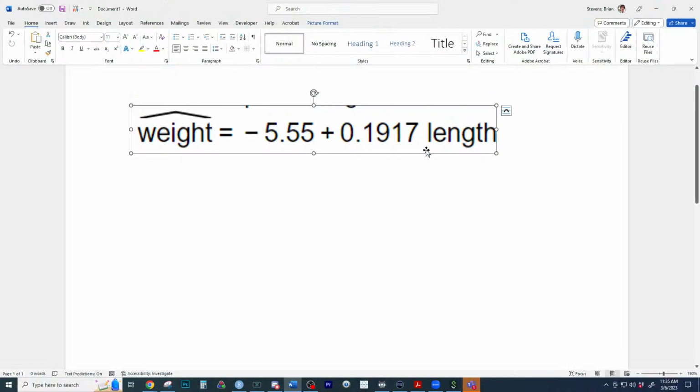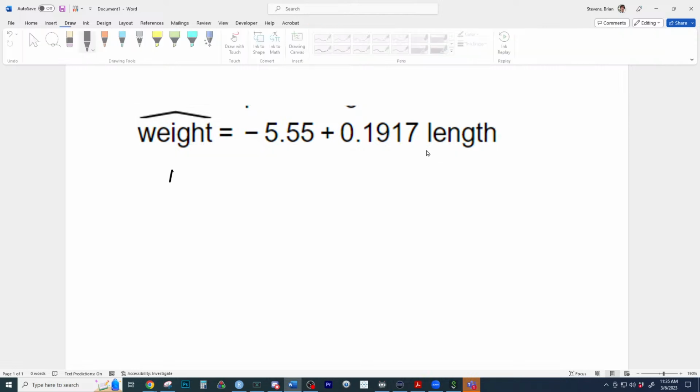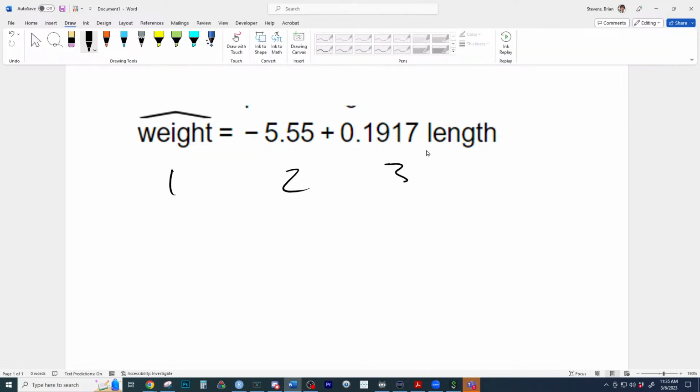This is where you want to be with this, being able to write out the notation below it. What are value 1, value 2, value 3, and value 4 in notation? Notation is key to your understanding of what's going on right here.